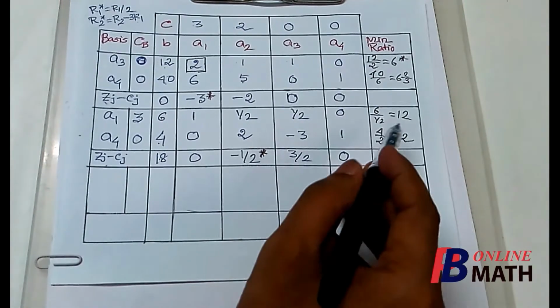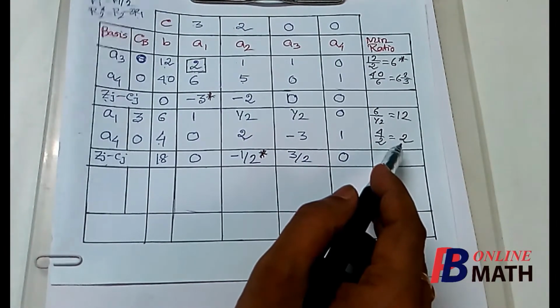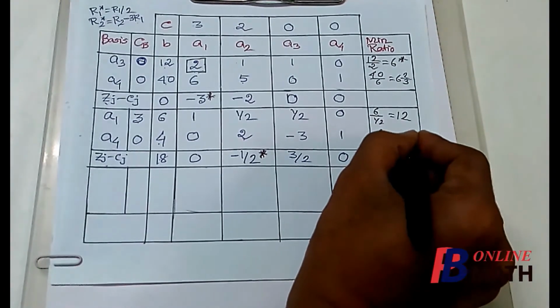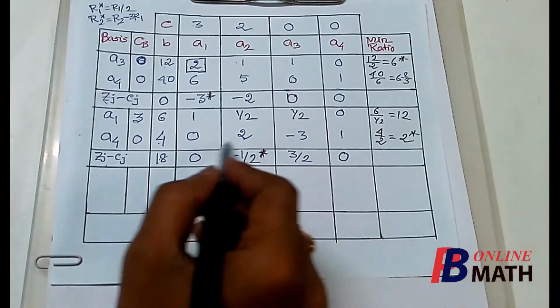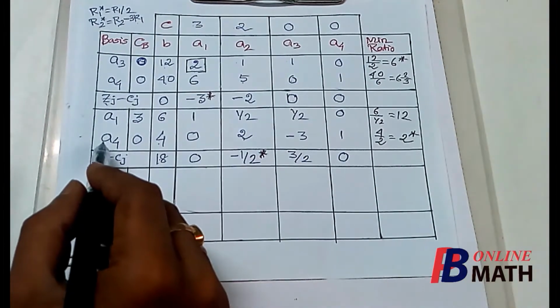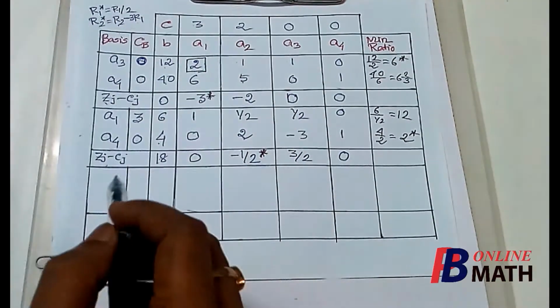So we have obtained two ratios, out of which we have to identify which one is minimum. Here we find that this 2 is minimum, corresponding to the vector a4. So the vector a4 will leave the basis and the vector a2 will replace it.